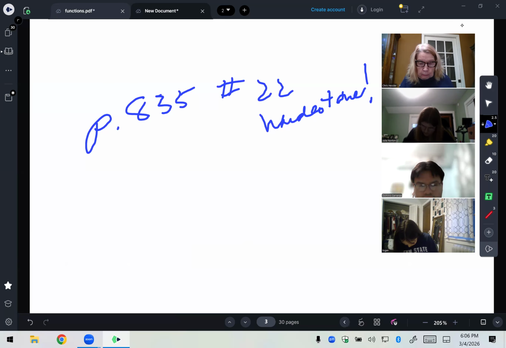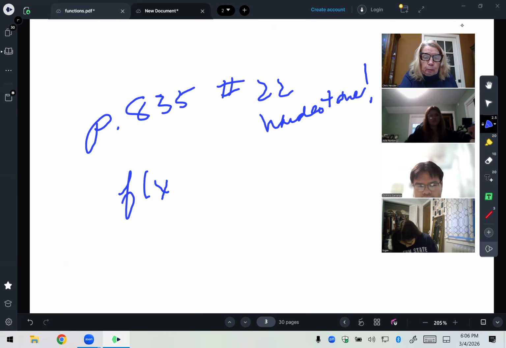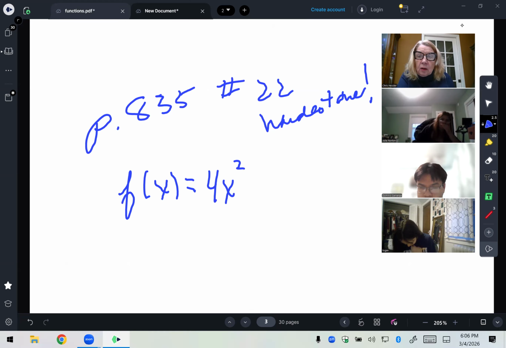So we're given this equation, f of x equals 4x squared plus 64x plus 262.